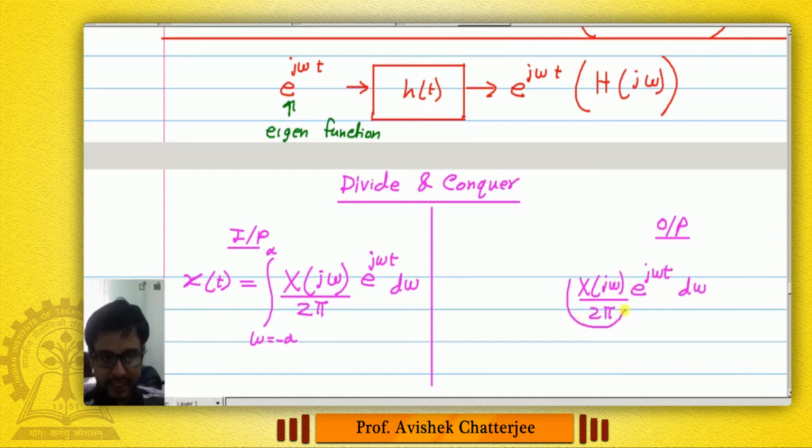This signal will get multiplied by H j omega.